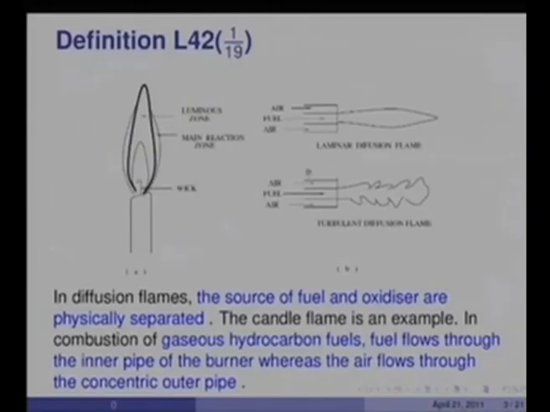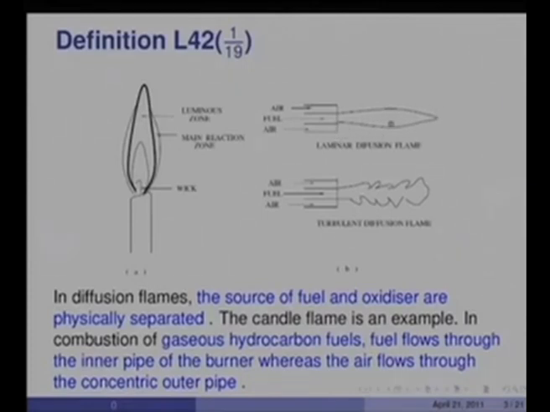Gaseous hydrocarbon fuels are often burned in the same manner. So, here is a typical burner, and the fuel is carried through an inner pipe and air is carried through an annular pipe. Sometimes this air may also be swirled to enhance the rate of mixing here. The air entrains inside the burning zone and a flame is formed.